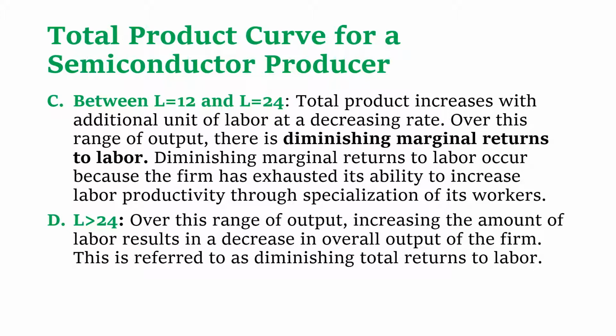Now beyond L equals 24, if you increase the amount of labor, you get a decline in overall output. So output is falling even though the farm is employing more workers, because you have a lot of employees who are idle.